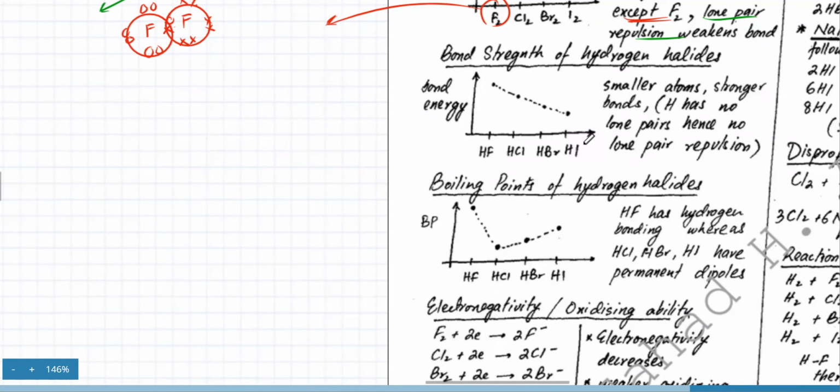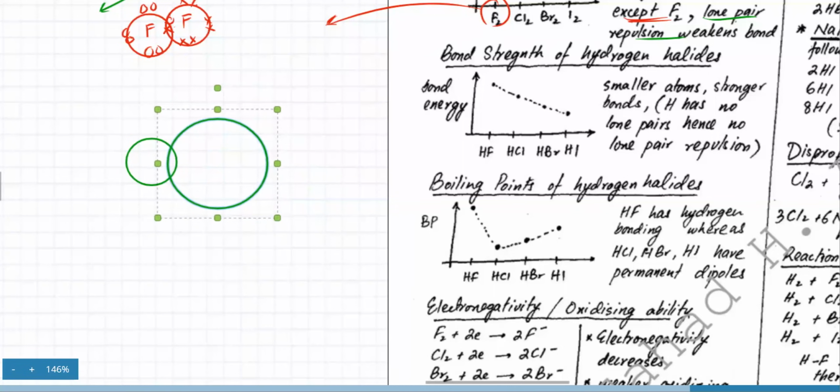Why is that not an issue there? Because if you look at an H atom and you have a fluorine atom on the other side, they're going to overlap and start forming a bond. Now the issue over here is that fluorine still has lone pairs, but H has no lone pairs. So there is no point of repulsion because H is completely empty.